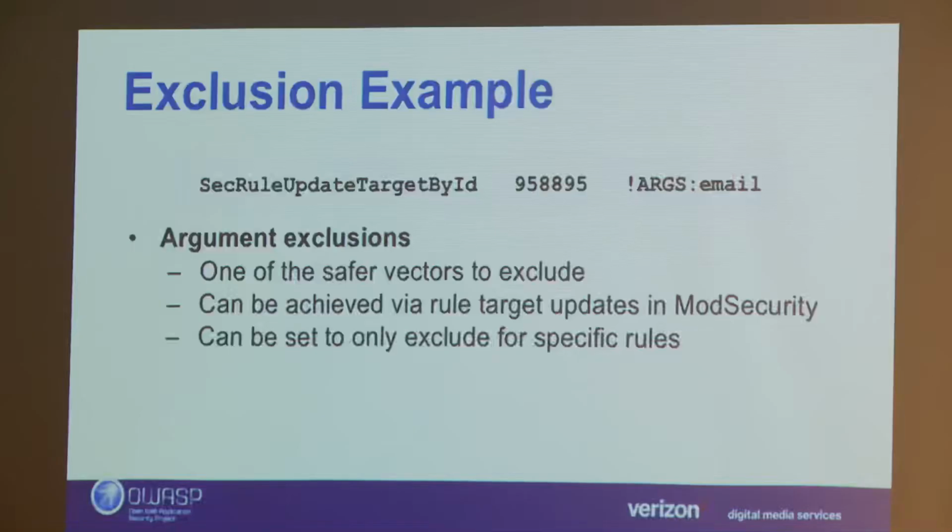What that means is that I think it was looking for special characters, but email contains the @ sign and so on. So it just wasn't wise to inspect the email parameter with that rule.